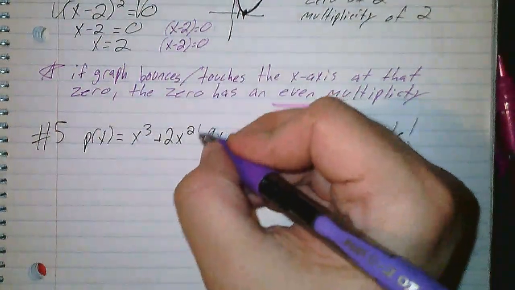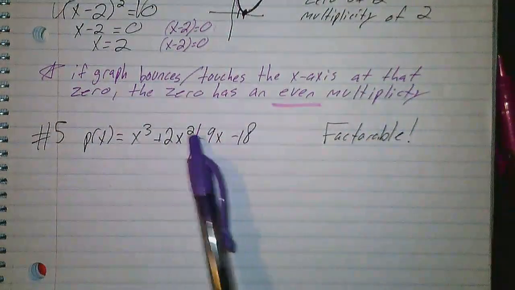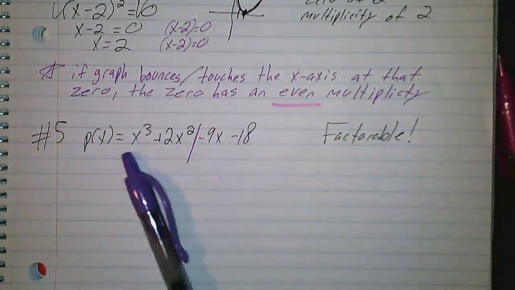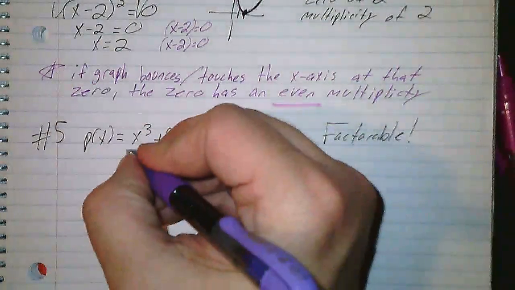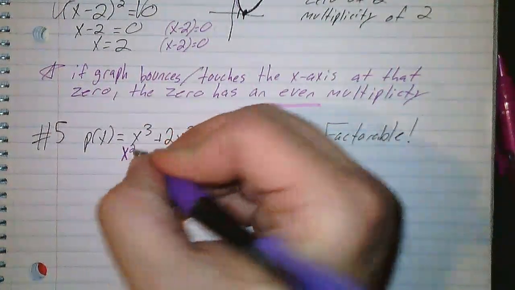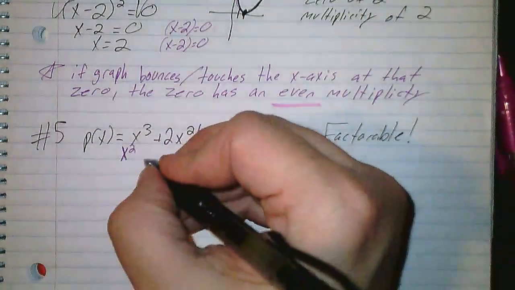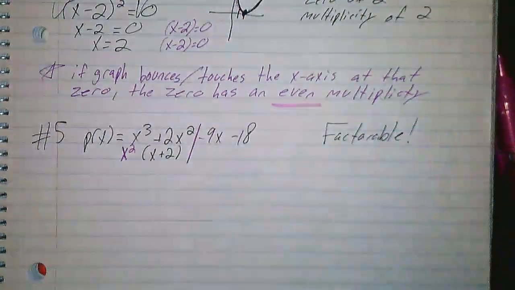So split it down the middle. It's not just x that we're factoring out over here. We're factoring out x squared, leaving us with x plus 2.